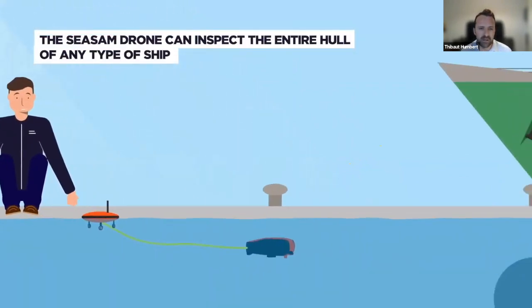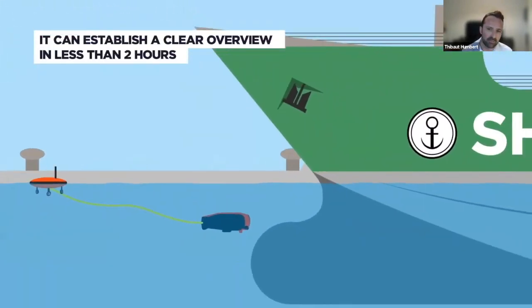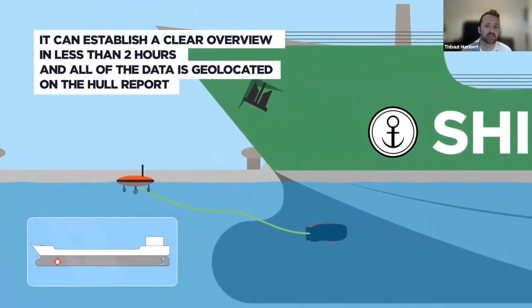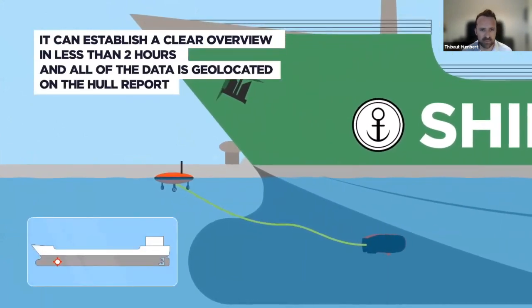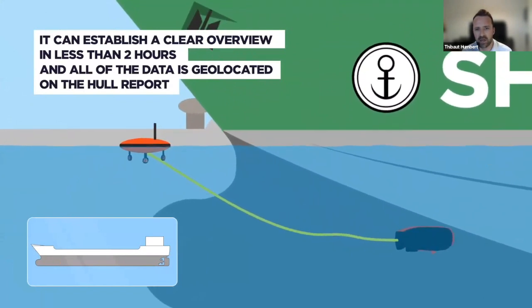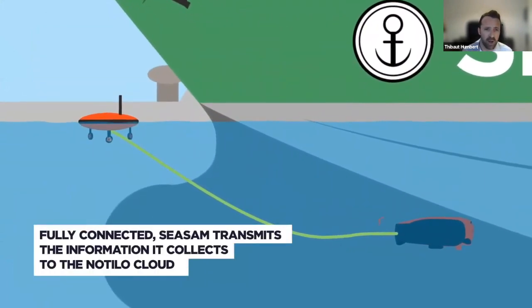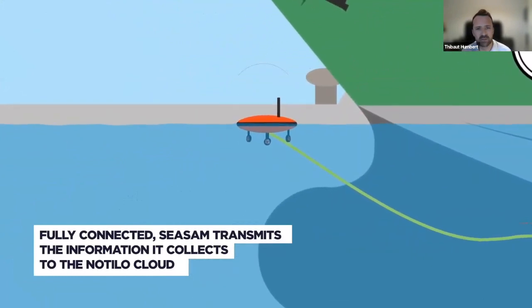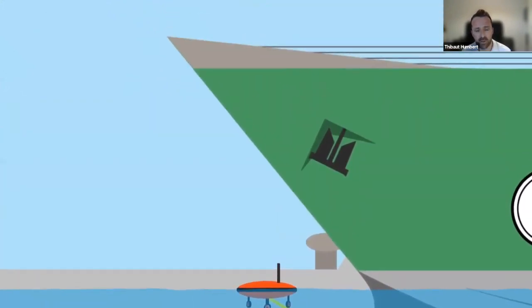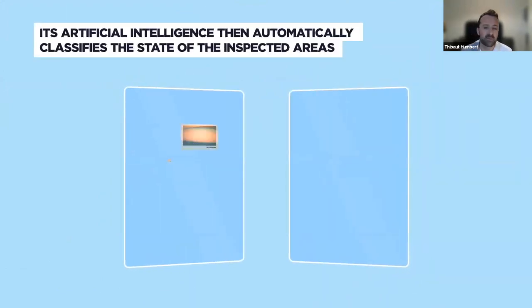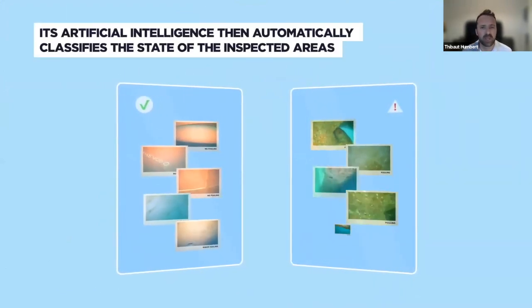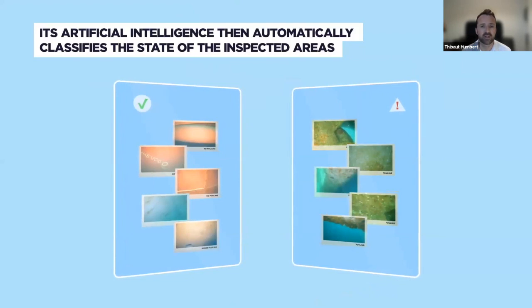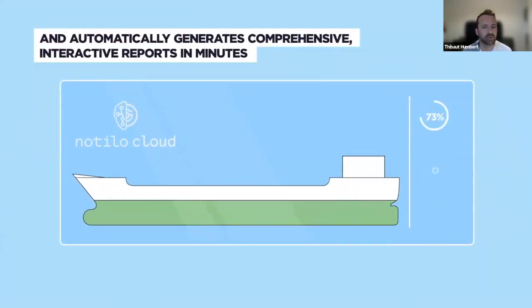So what you see here is an operator piloting his ROV to a ship hull to perform the inspection. And this inspection can take up to a few hours. But data is collected in different locations of the ship hull. And after the inspection, it's reported on a platform that uses artificial intelligence to automatically classify all the images extracted from the videos.